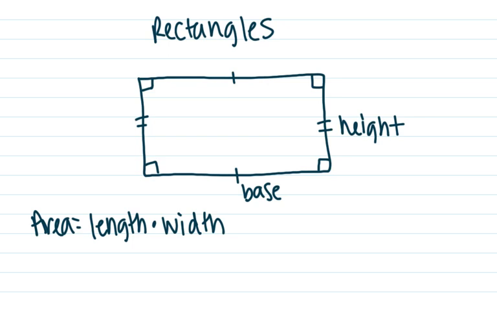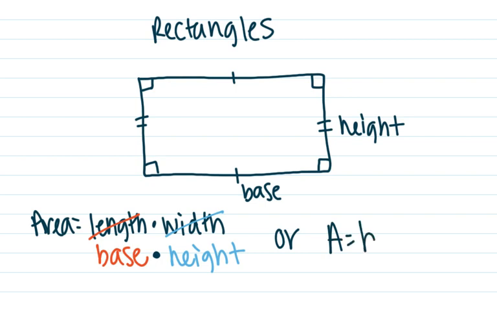Instead of the length, we have the base, and we multiply it not times the width, but the height. So in sixth grade, our area formula is base times height, or another way we can write that is area equals BH.